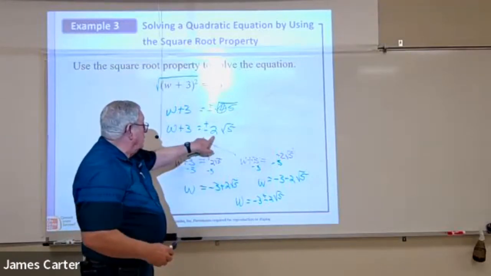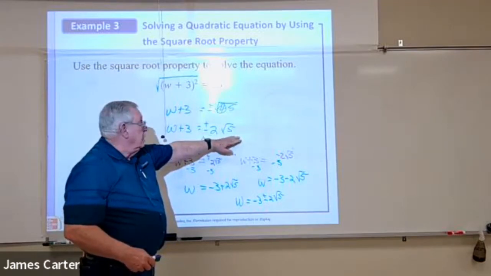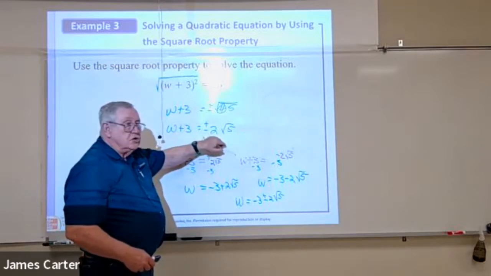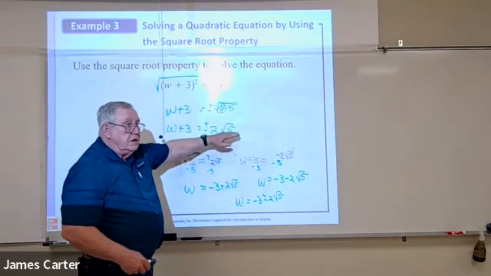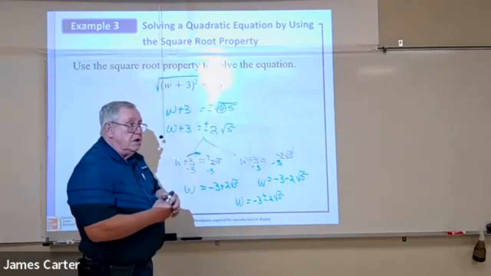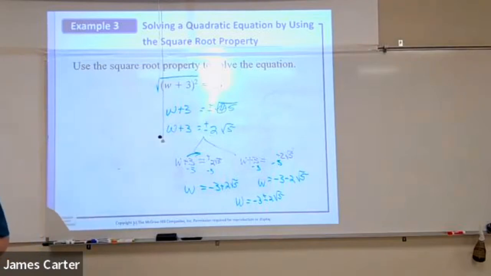You cannot, because this radical behaves like a variable. You couldn't combine negative 3 and 2x, so you can't combine negative 3 and 2 radical 5, because radicals and imaginaries behave like variables.